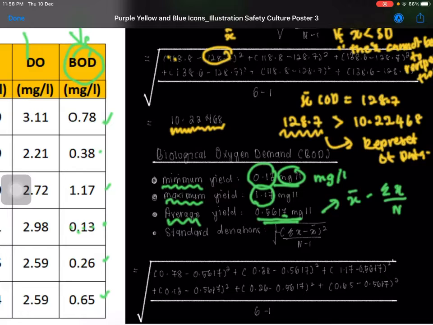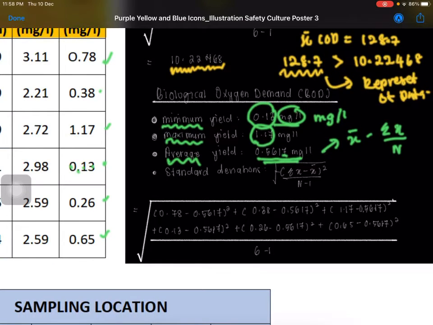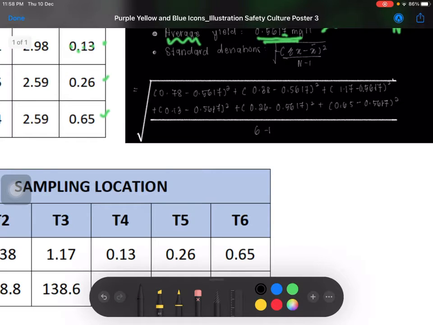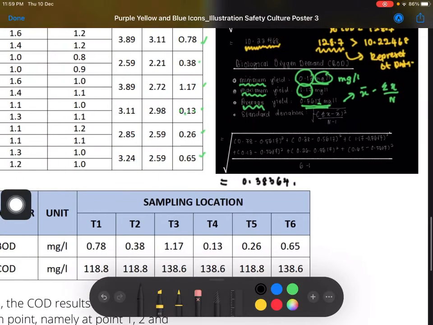As you can see here, I'm sorry, it's having this value, but it's being cut out from the picture. So the value is actually 0.38364.